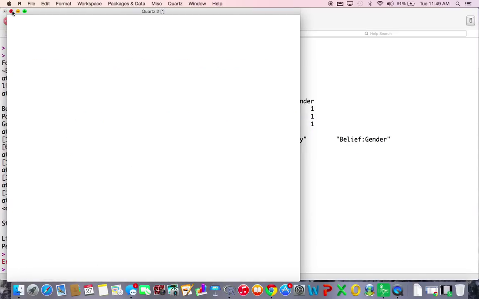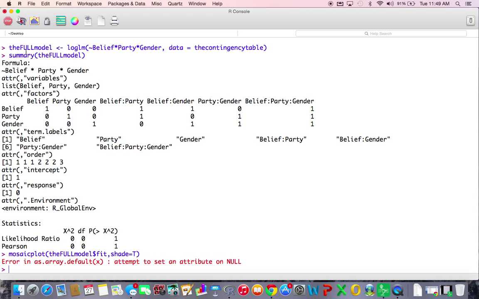Oh, that's not going to work. Okay, forget that, guys. We can't do that. We got a three-way interaction going on. Oops. All right, guys. So forget I tried to do that. That was just crazy. So, guys, our full model here is non-significant, which says we have a perfect fit. So we want to proceed.